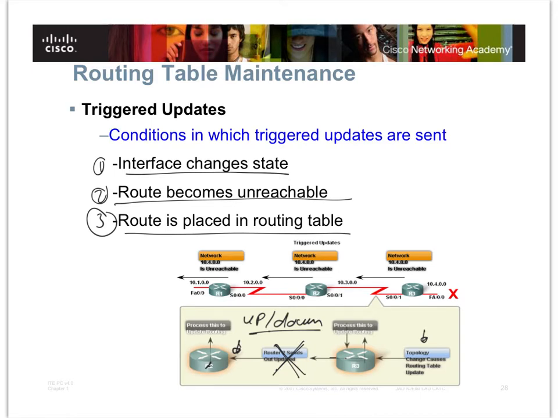Your point actually raises an interesting issue here: in a way, this is flooding. It seems like flooding information about the new route in the entire network, right? Because it's triggered, I will keep adding this new route in the routing table, and then I will send it to neighbors, and then neighbors will send it to neighbors.